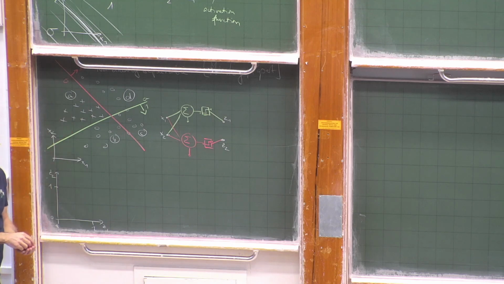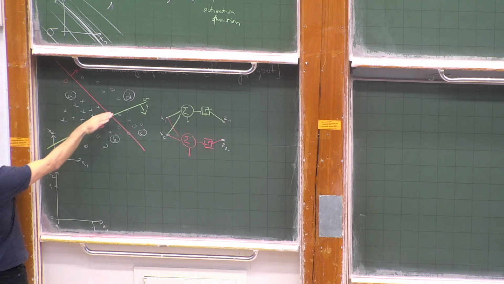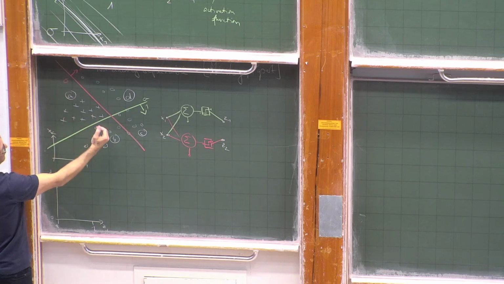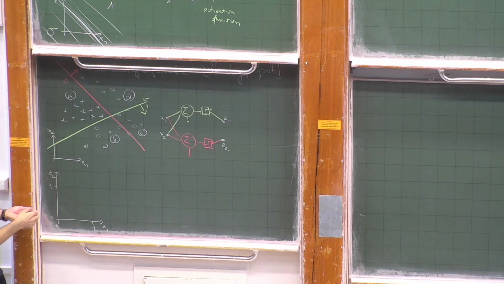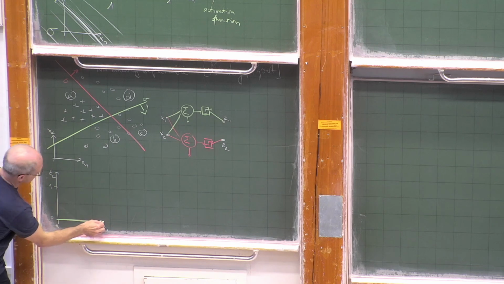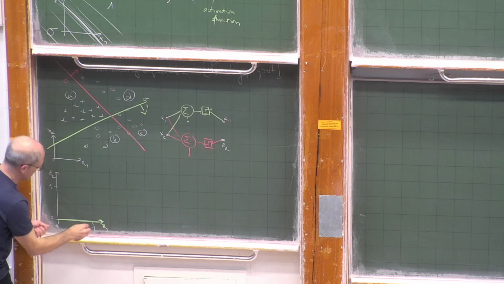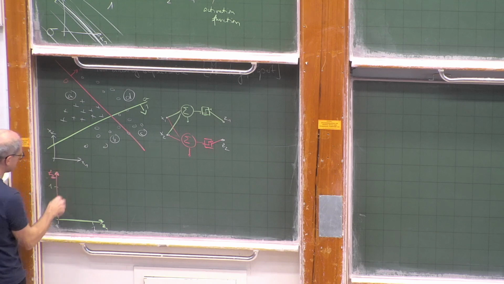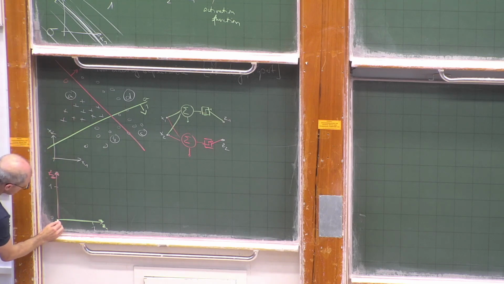All the points in region A, they are 0 according to my green perceptron. They are 0 according to my red perceptron. I could have called this one here the green axis. This would be Z1, and that would be the red axis, Z2. And all the points in this region A get mapped here.